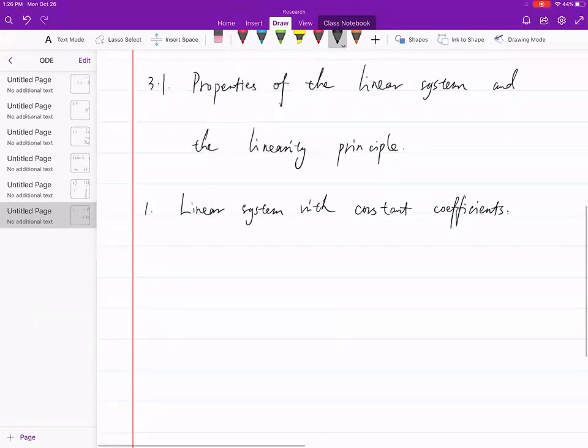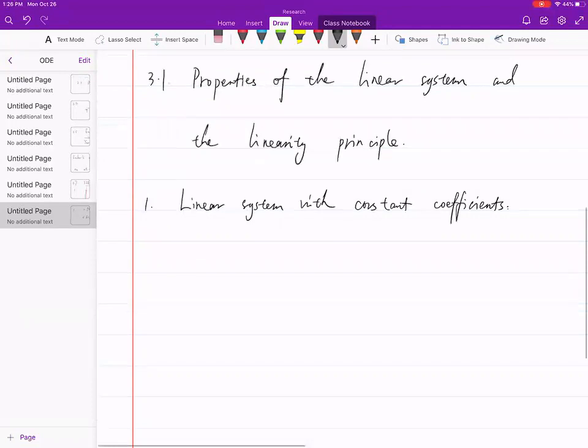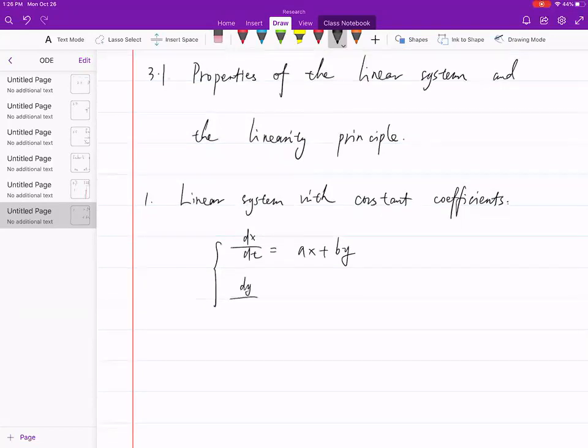More or less, it's something that looks like this, where A, B, C, D are constants.